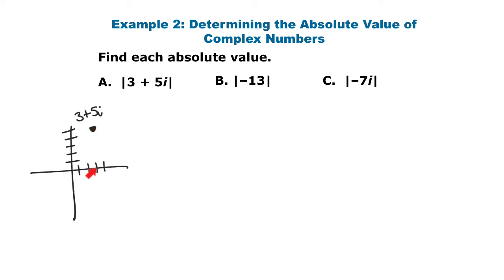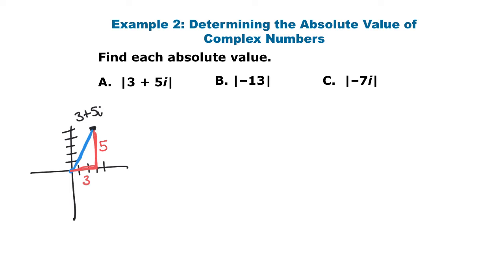Remember, 3 on my real axis, up 5 on my imaginary. And I'm going to draw a triangle starting from the origin. This angled distance is the one we're looking for. And our vertical and our horizontal distances are what's going to help us get there. So this is a distance of 3, and our vertical distance here is 5.